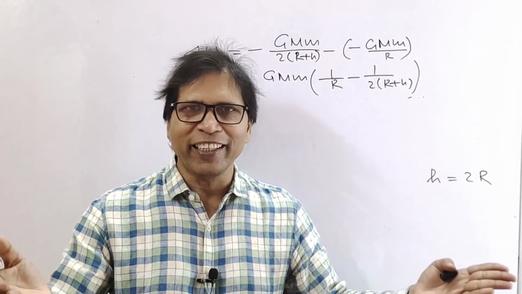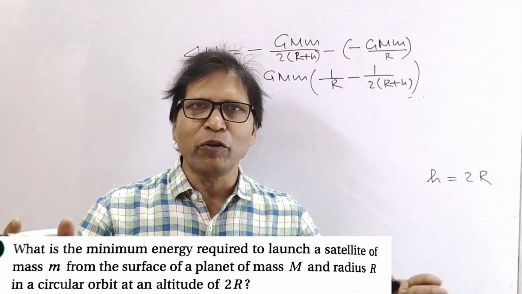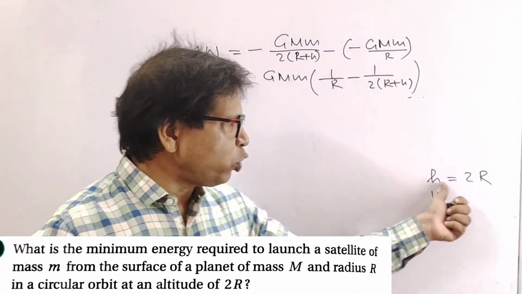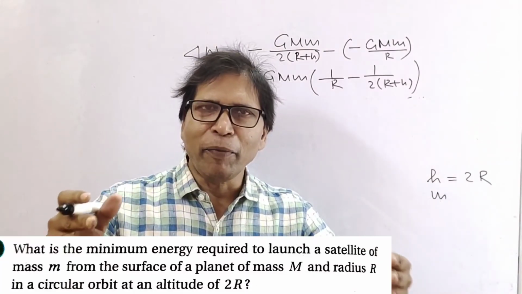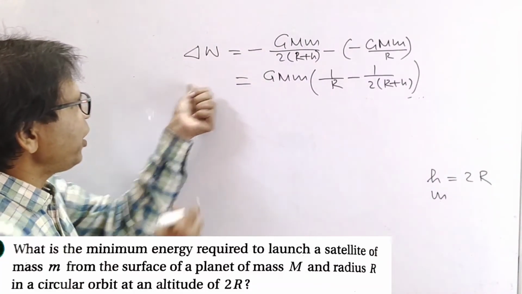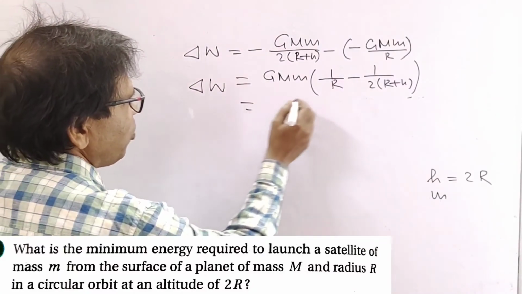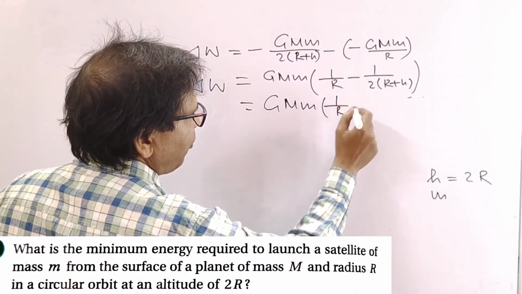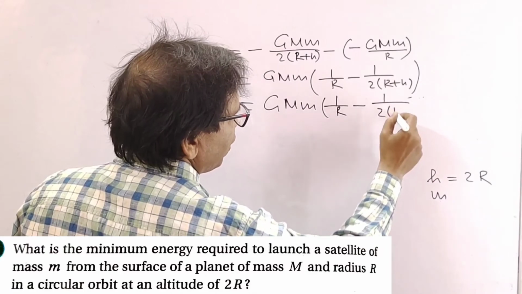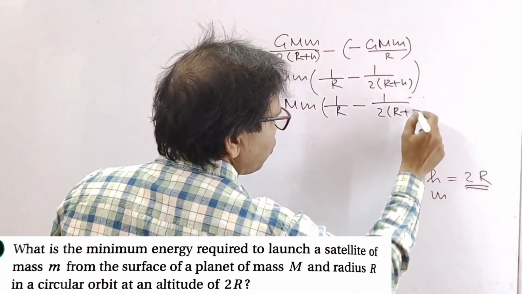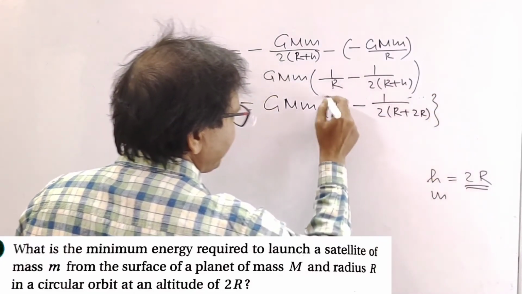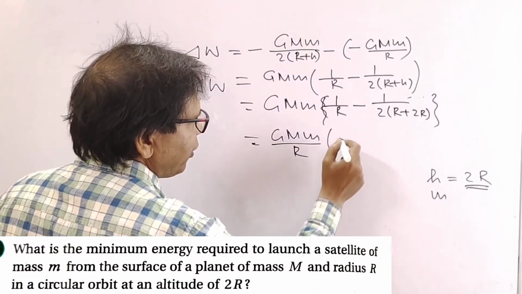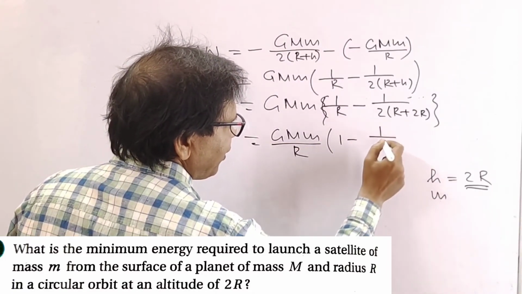Okay, now there is a numerical. What is the minimum energy required to launch a satellite of mass m at an altitude toward around a planet of mass M? The energy required, delta W, equals GMm times the quantity 1 by r minus 1 by 2 into r plus h, where h is 2r, so this is 2r. Now this is GMm divided by r times 1 minus 1 by 6.